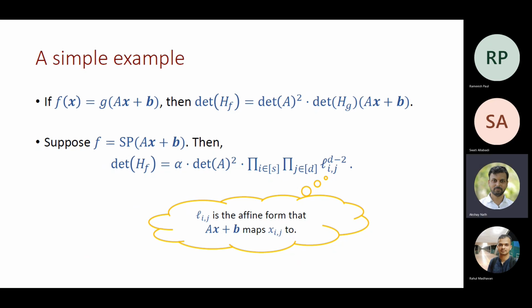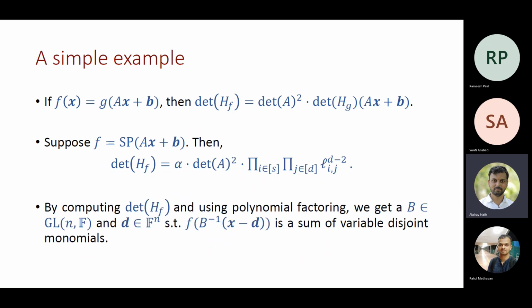So basically, this polynomial has all the information that we want about ax plus b. By just computing this Hessian determinant of f and factoring it, we can get an invertible matrix B and a translation vector d, so that f of B inverse x minus d is a sum of variable disjoint monomials.